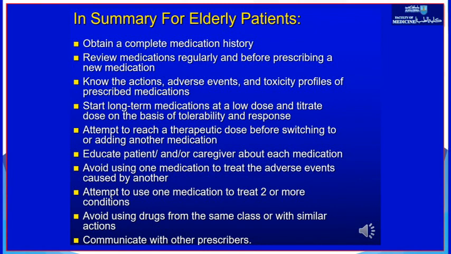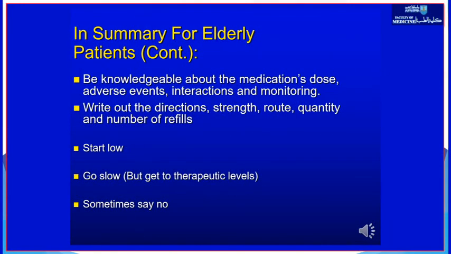Avoid using one medication to treat the adverse events caused by another. Attempt to use one medication to treat 2 or more conditions. Avoid using drugs from the same class or with similar actions. Communicate with other prescribers. Be knowledgeable about the medication's dose, adverse events, interactions, and monitoring. Write out the directions, strength, route, quantity, and number of refills. Start low, go slow, but get to therapeutic levels, and sometimes say no.